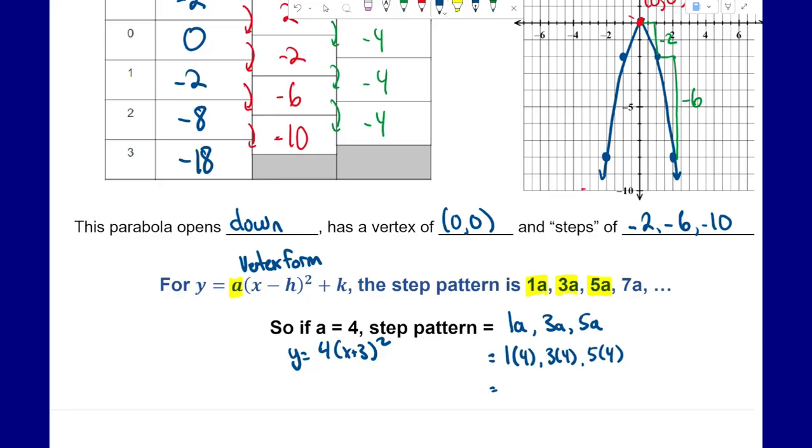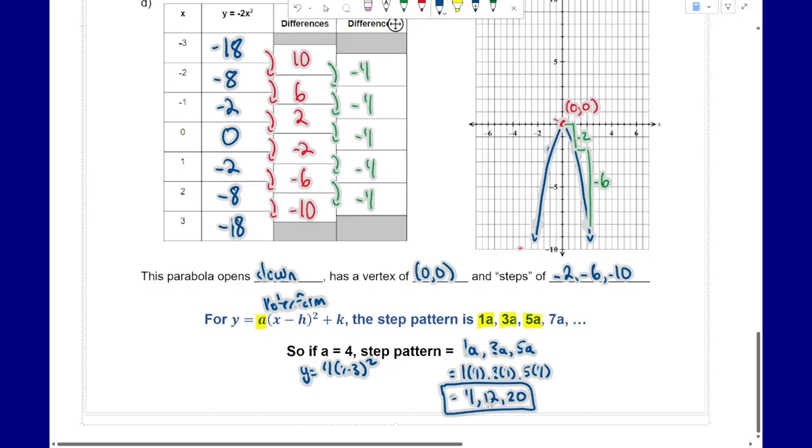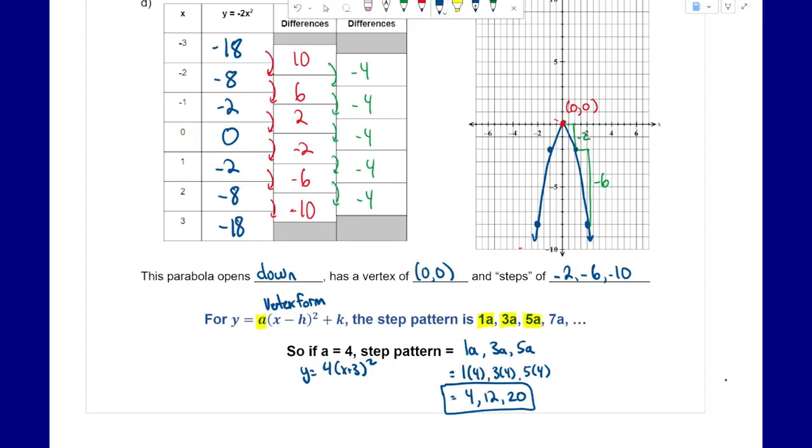So then my steps would be 4, 12, and 20. So those would be the step pattern for any quadratic with an a value of 4. Now we would need more information to help us graph it, but if we had a vertex, then we can use that step pattern to find our other values.